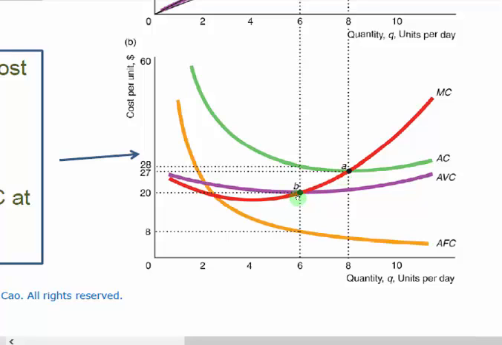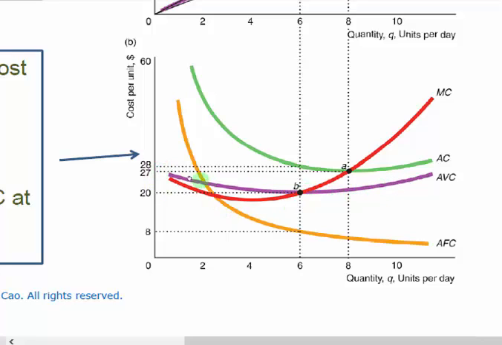So what it says is that this point B, lowercase b, is the minimum point of average variable cost, because before point B, marginal cost is lower than the average variable cost, it drives it down. And after point B, marginal cost is higher than the average variable cost, it drives the average variable cost up.